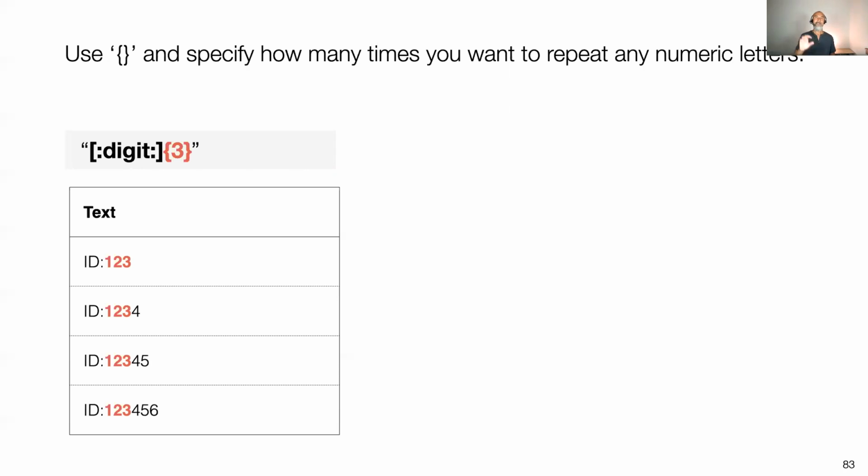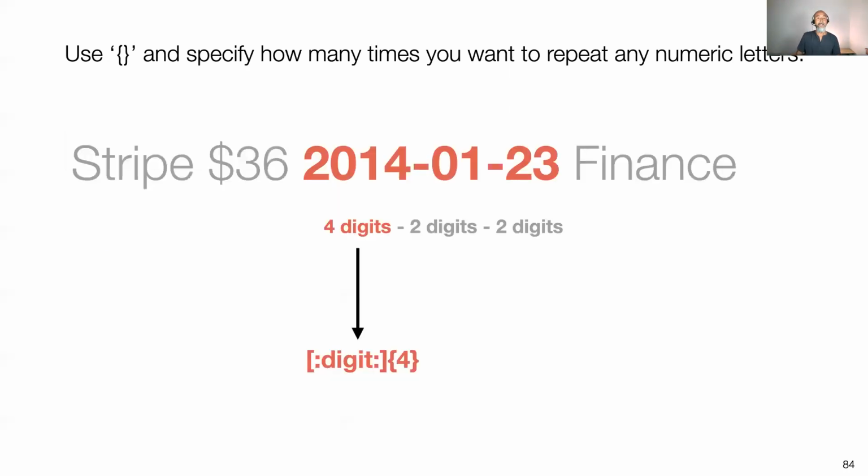It's kind of like an asterisk or plus: it repeats anything specified beforehand, in this case a digit. So digit repeated 3 times means 3 digits. Okay, in this case we have a year, which is 4 digits, so simply you can type 4 inside a curly bracket.